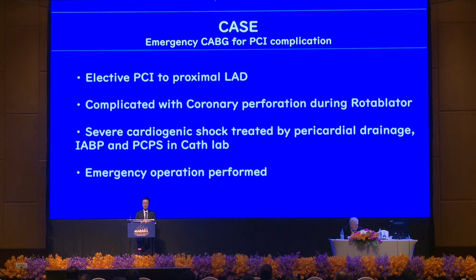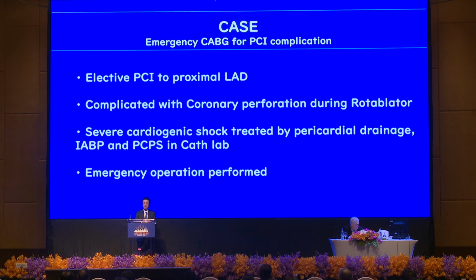So she underwent elective PCI for the proximal LAD, and they used the rotablator. You know the rotablator has a diamond-head drill to make room for the stenting. Unfortunately, that was complicated by coronary perforation.